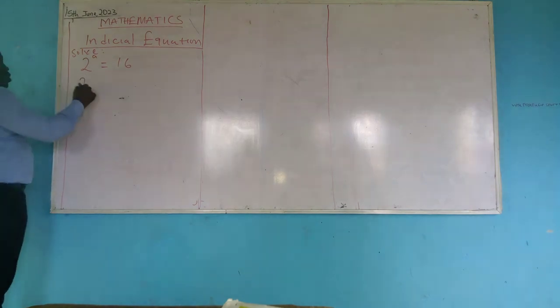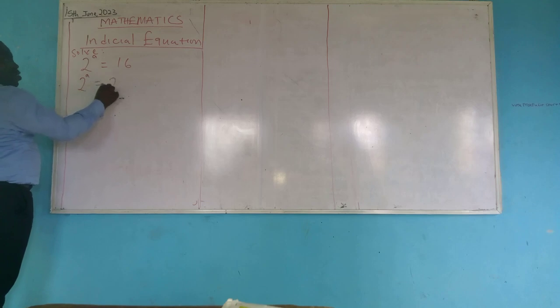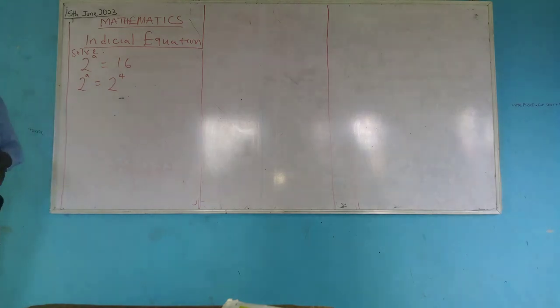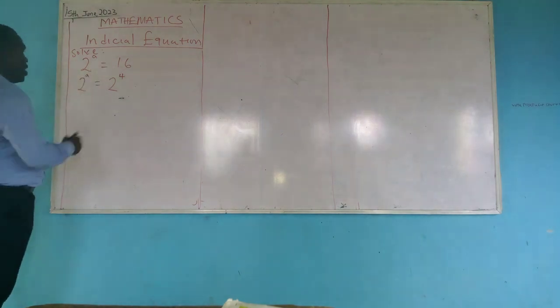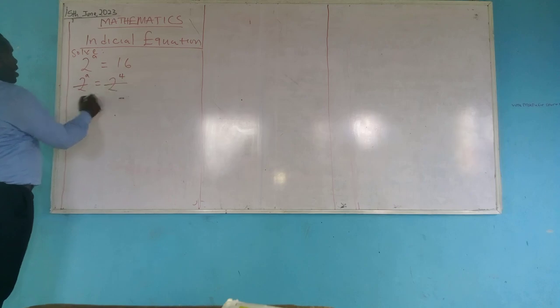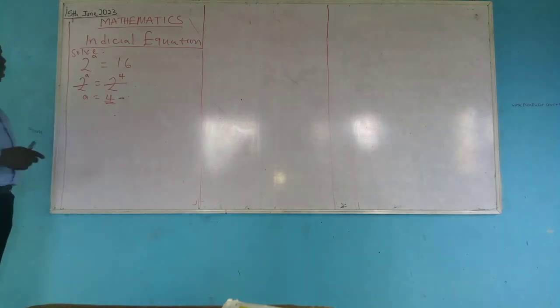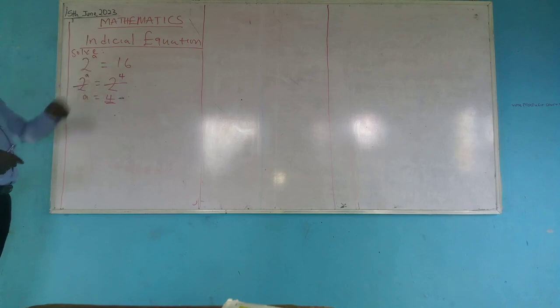This is automatically going to give you 4, because you know that 2 raised to power 4 does not mean 2 times 4. It means 2 multiplying itself in 4 places, and that will give you 16. So we cancel the base, and then A gives you 4. If you want to find out whether you are correct, you take the value of A, put it in there, A raised to power 4, you get exactly 16. And that shows you are correct.